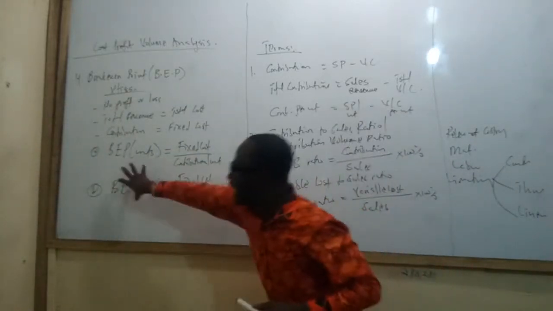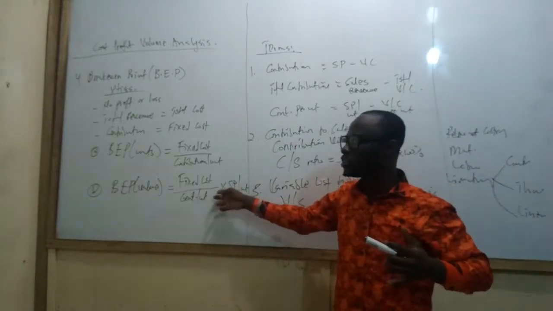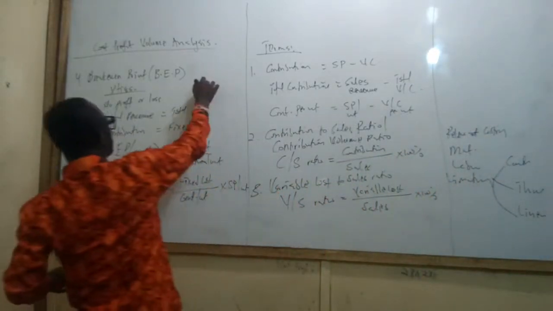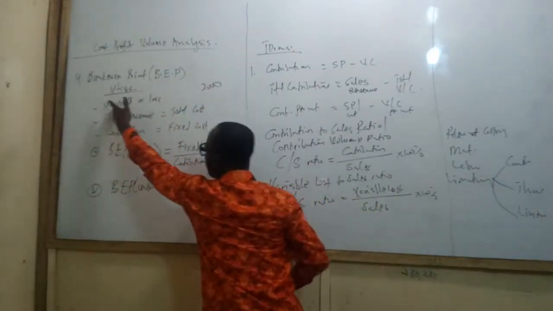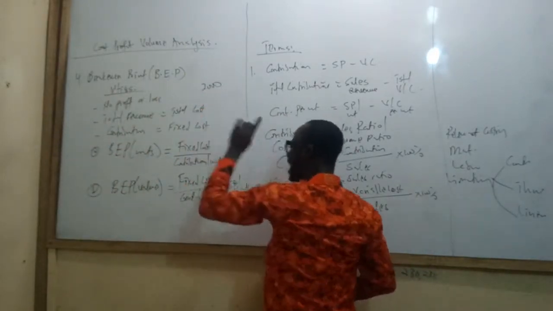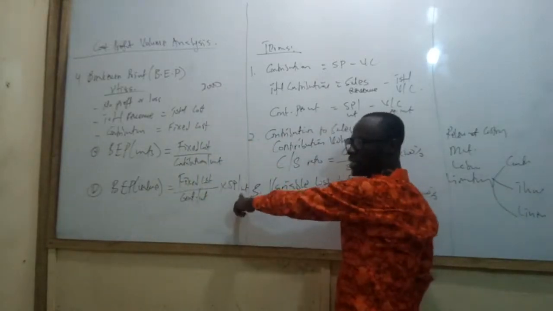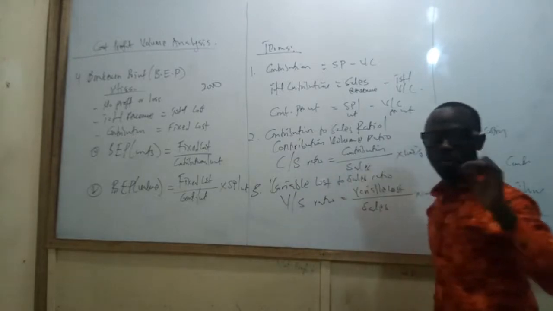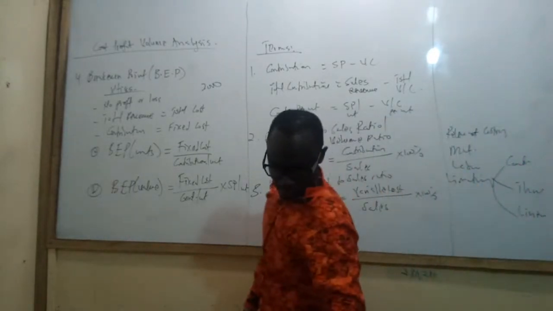So, if we produce 2,000 units at break-even, we make neither profit nor loss. Then, what is the value of that 2,000 units? That's why we multiply it by the selling price per unit. So that is break-even point in value.